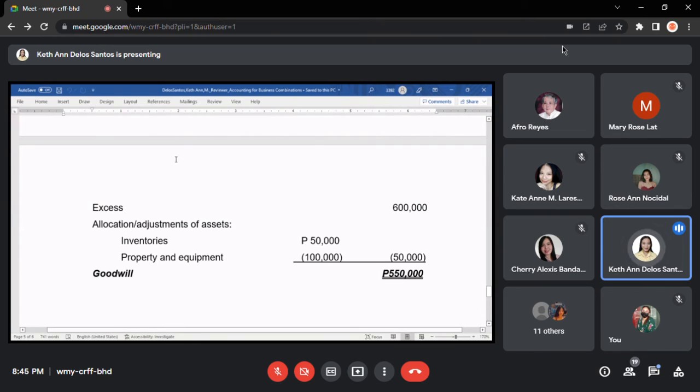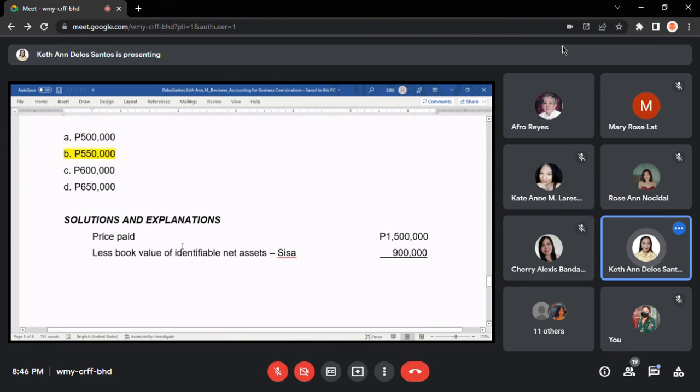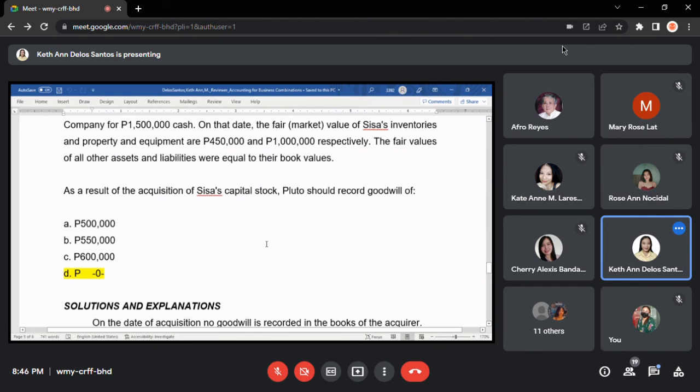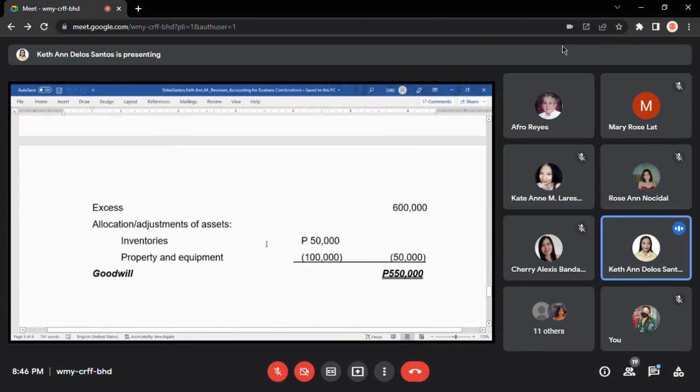Allocation or adjustment of assets. Inventories, 50,000 kasi yung book value ng inventories, di ba, ay 500. Ang sabi dito, ang magiging fair value na lang niya ay 450. Kaya yung inventories niya ay 50,000 pesos.